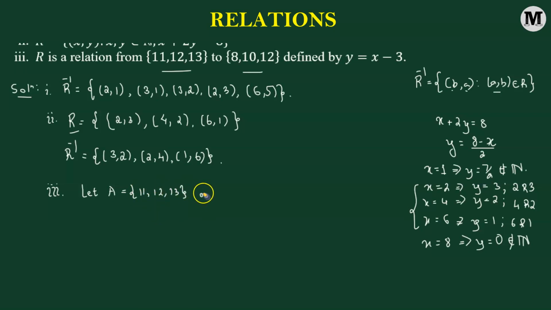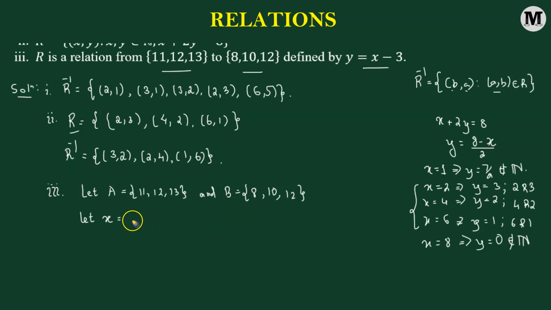And then we have the set B. So set B contains the elements 8, 10, and 12. Now using these two sets, we're going to define a relation R such that we have y equals x minus 3. So here we are supposing x belonging to the set A and y belonging to the set B.